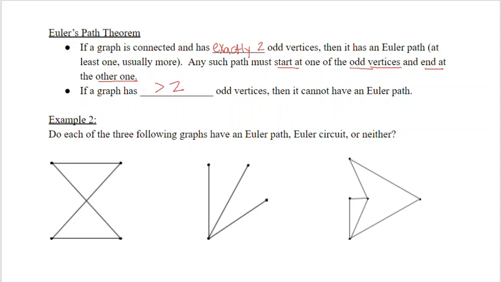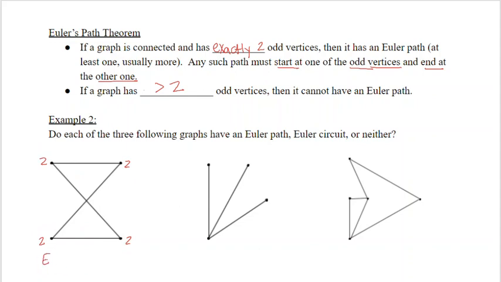So again, we want to go through these 3 graphs and say, do we have an Euler path, an Euler circuit, or neither? Each of these is connected, so that part is good. So we need to check the degree of each vertex. This is 2, 2, 2, 2.